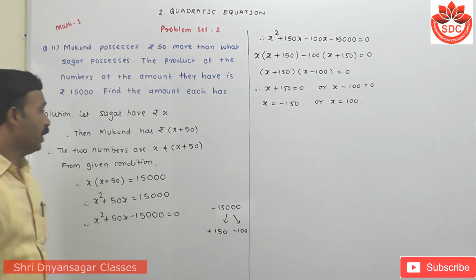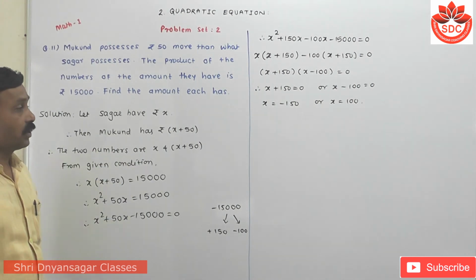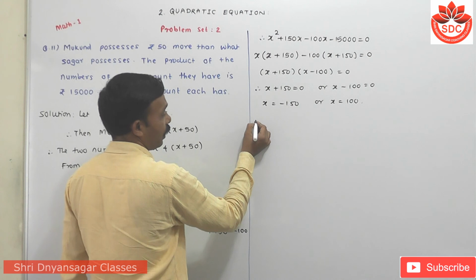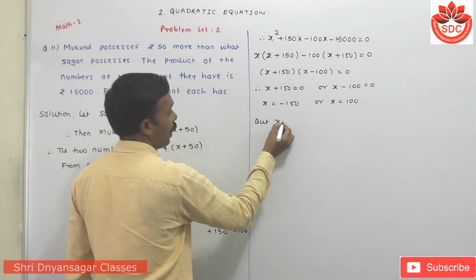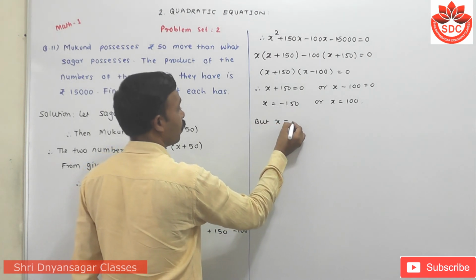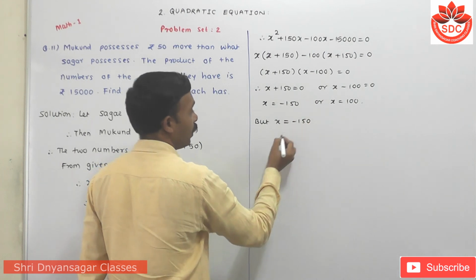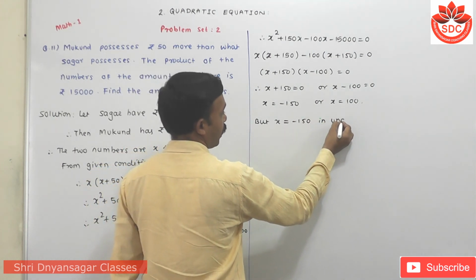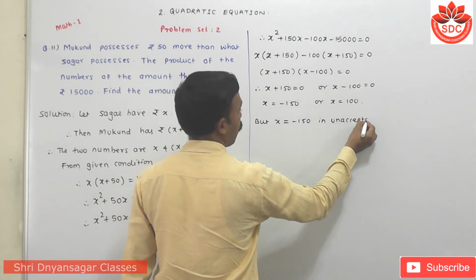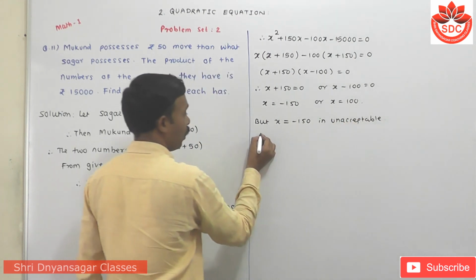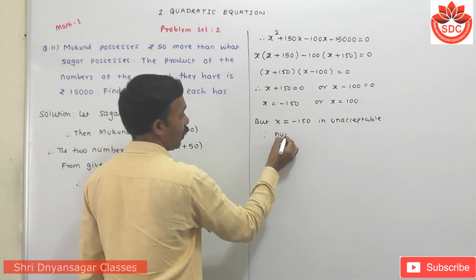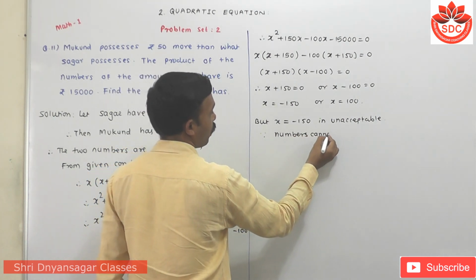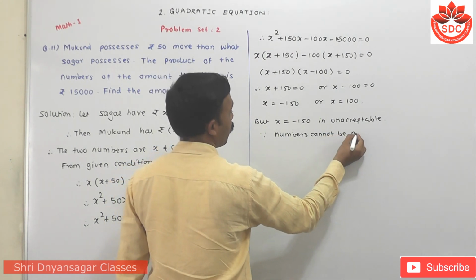100. Now there are two numbers, so these numbers cannot be negative. Therefore x is equal to minus 150 is unacceptable because numbers cannot be negative.